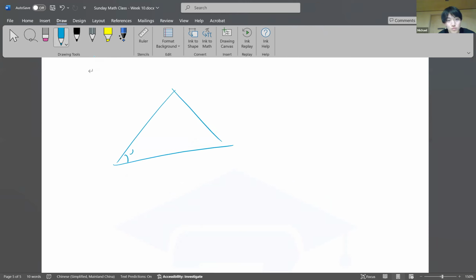To know the area, we need to know the height, okay? We don't know the height, but we can work it out. So what is the height here? Can anyone tell me? Not Pythagoras, trigonometry. What is the height here?